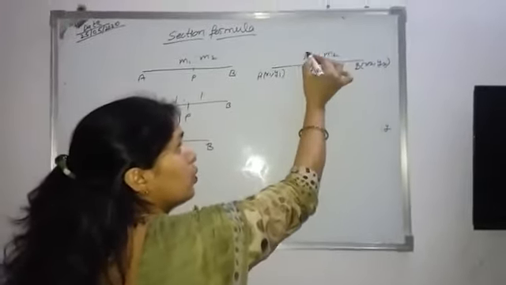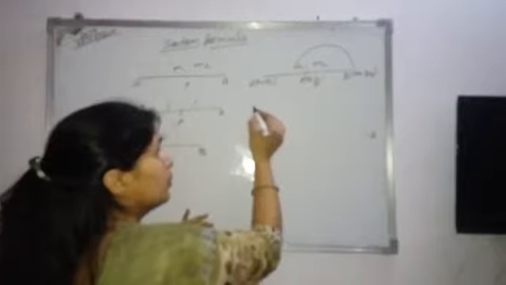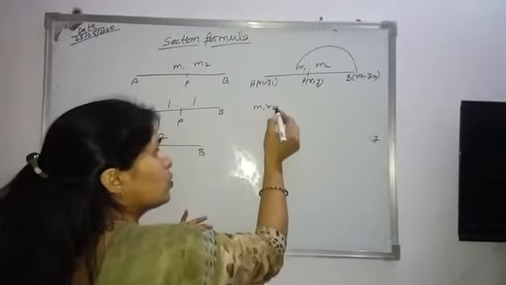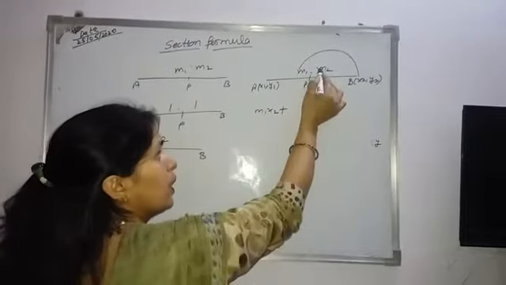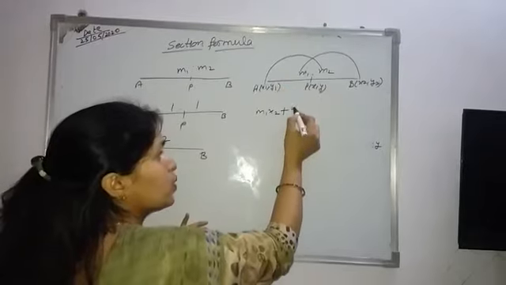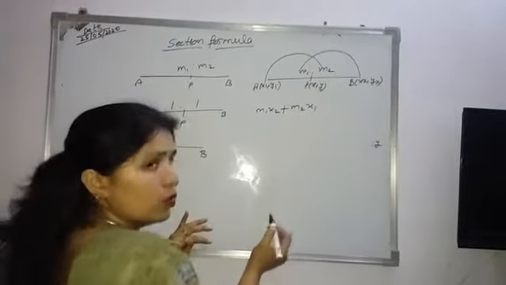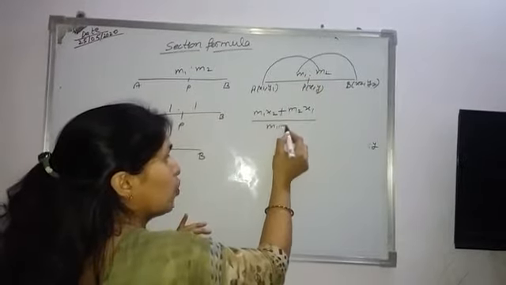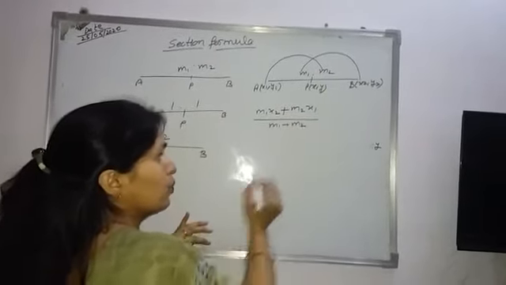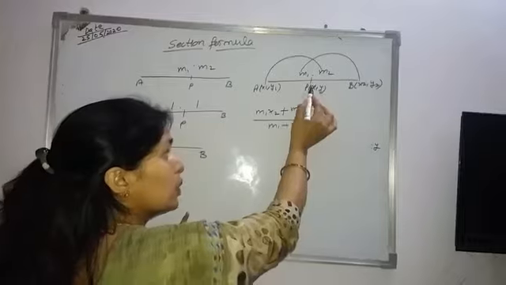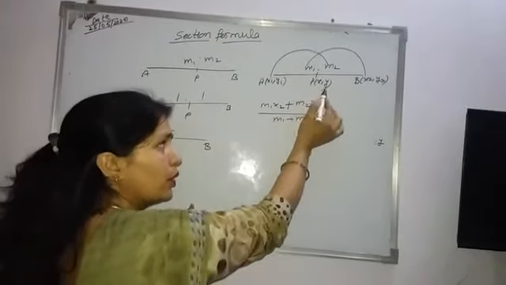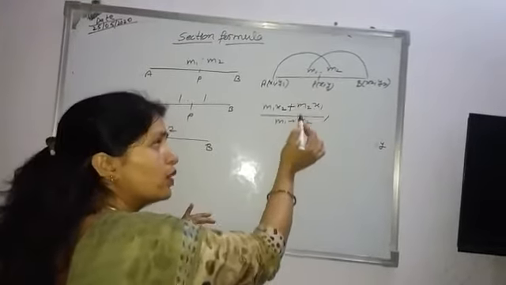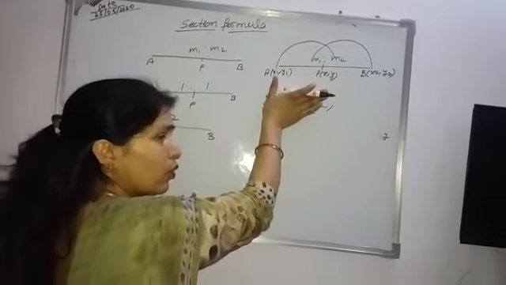M1 into x2 plus M2 into x1, divided by the sum of the ratio M1 plus M2, comma, because this is the value of this coordinate of the point, so this is the value of x.